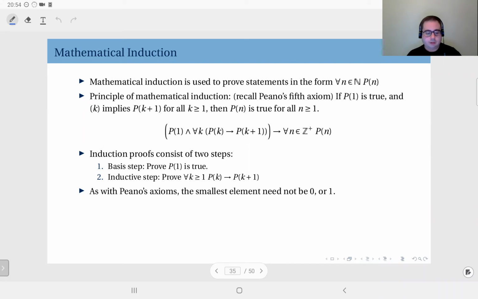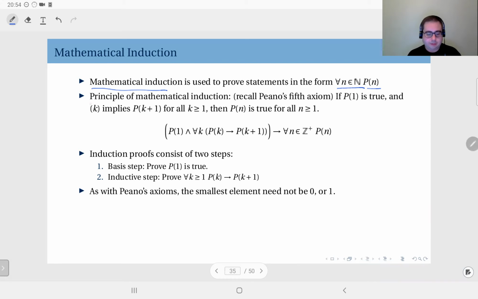In general, mathematical induction is used to prove statements in the form: for all natural numbers, P(n). This will be the general structure, but there might be slight differences in different settings.